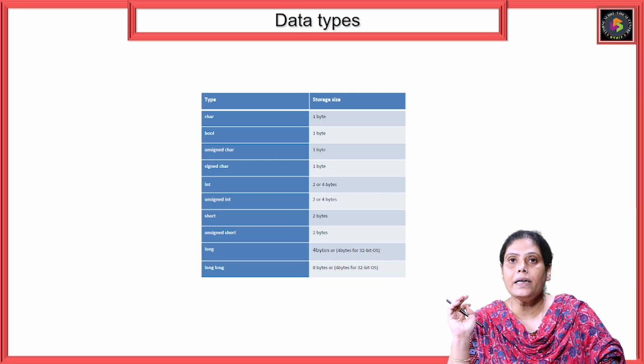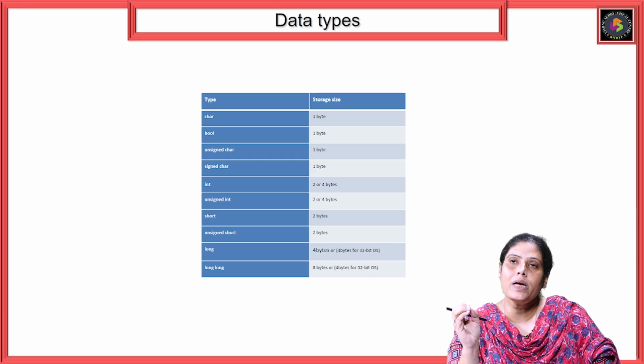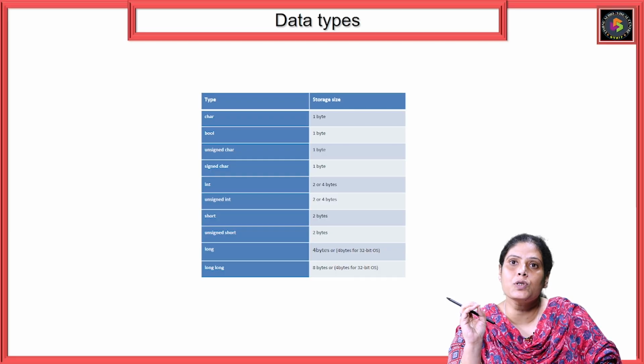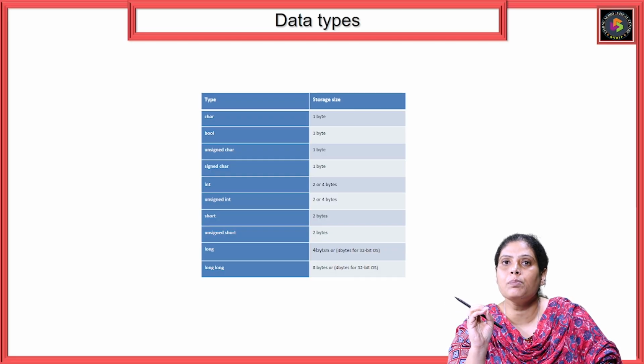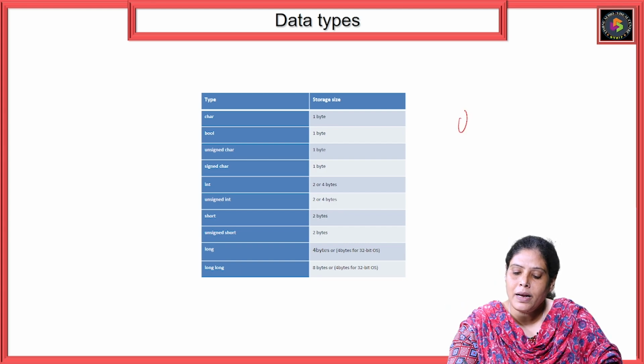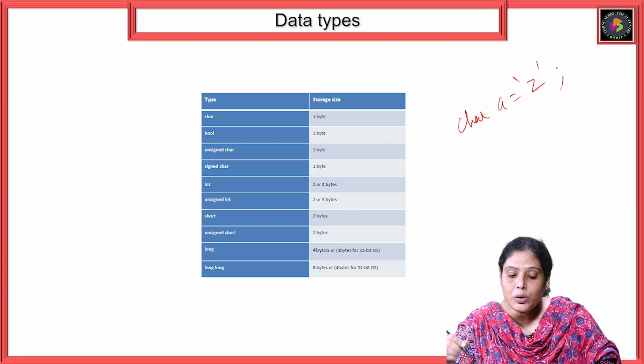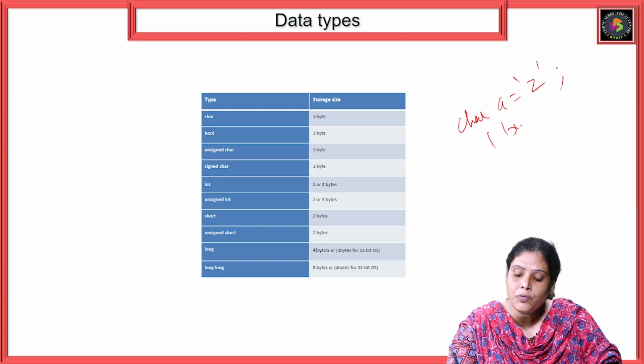Now this is the integer data type with the storage. What is storage? Storage is how many bytes are required for this particular data type to be stored in RAM. Say for example, I do char a is equal to 'z'. Now this takes 1 byte of storage.